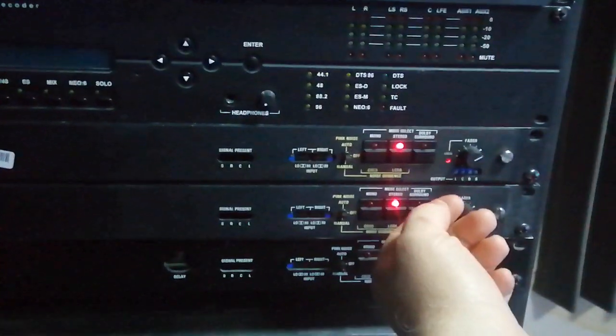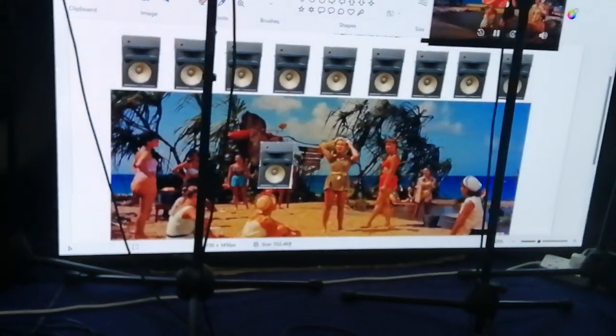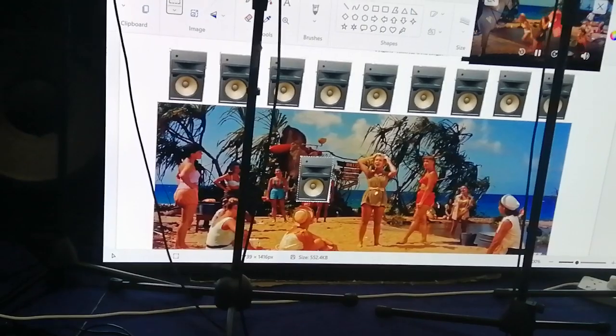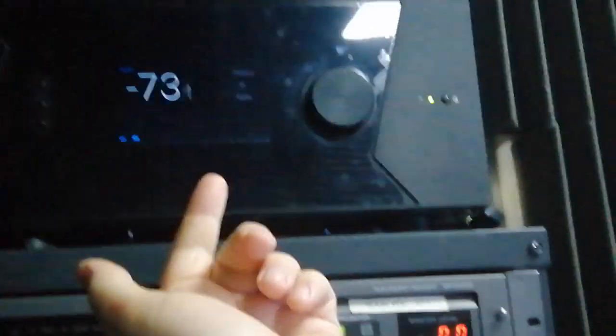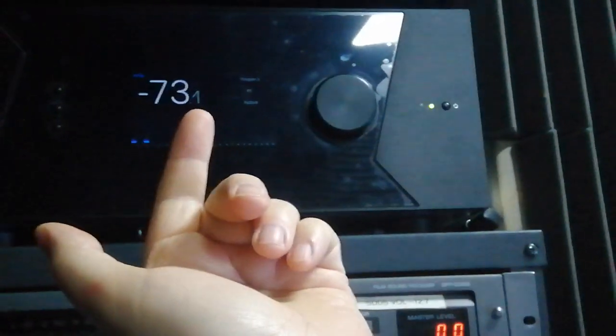Probably move away from something like a Dolby DSU, probably something like the DTS Neural X decoding. Well, it's not really a DTS Neural X decoding. It's the same sort of decoding DTS uses for its matrix.